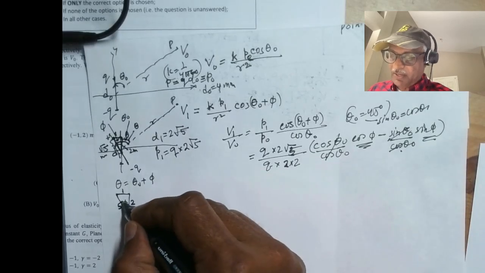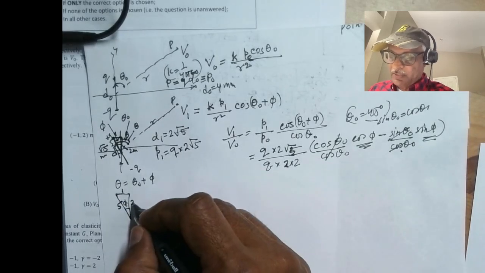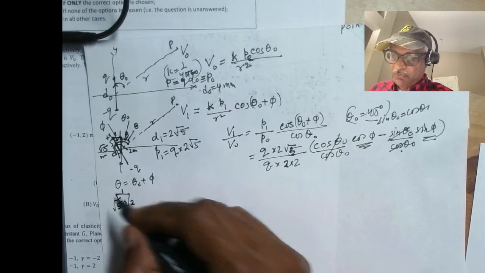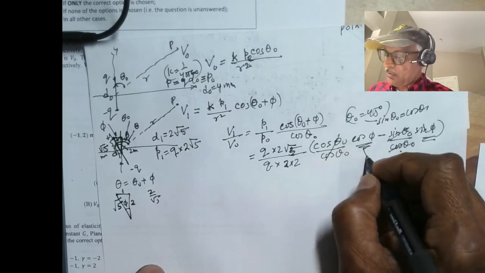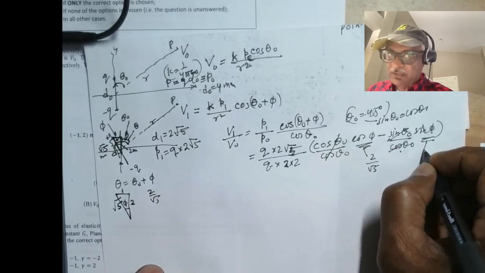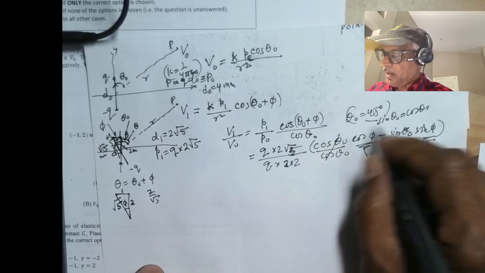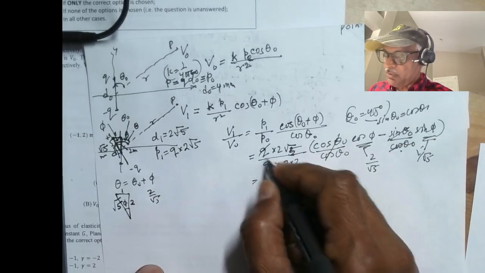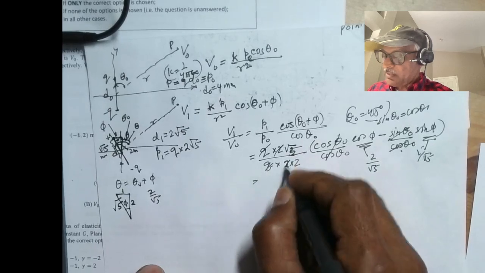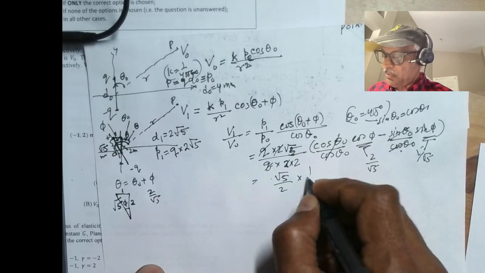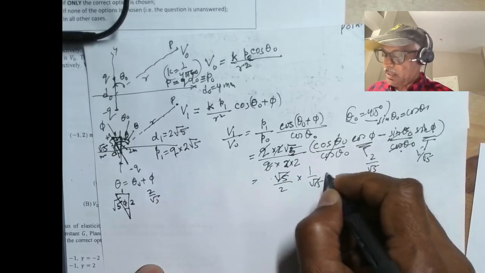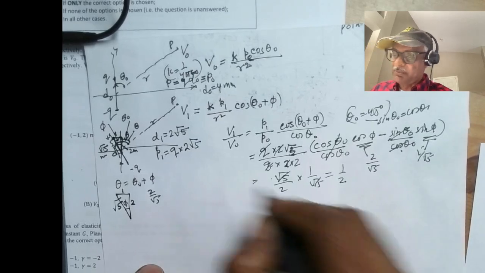So this is 5. So 2 square root of 5, 2 over square root of 5. So this is 2 over square root of 5, and this is 1 over square root of 5. And this whole thing is 1 over square root of 5. So Q cancels out, 2 cancels out. So it's square root of 5 over 2 from here, and this is 1 over square root of 5, which cancels out. And so I got an answer of half.